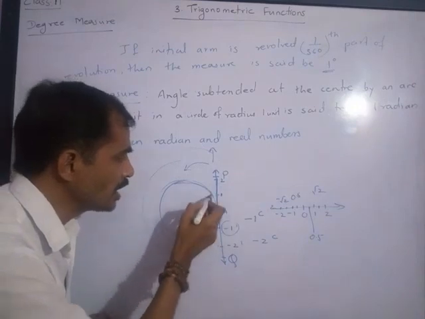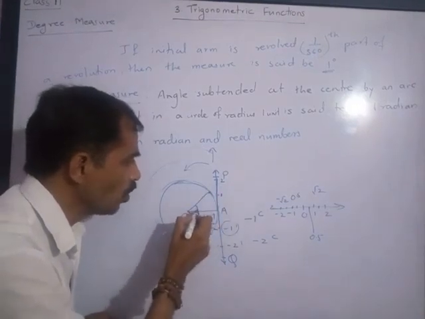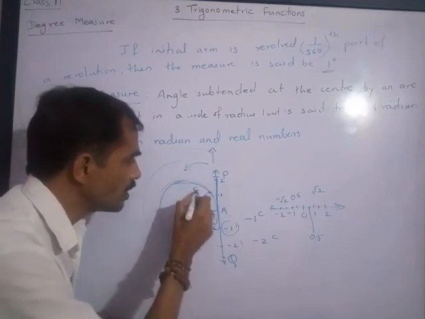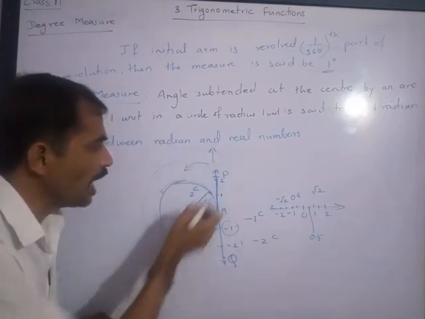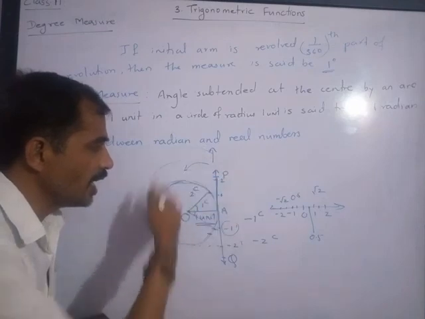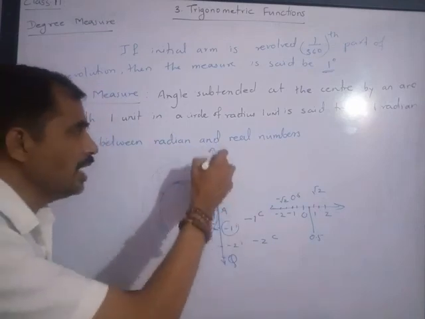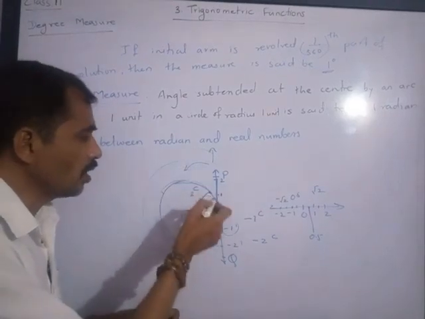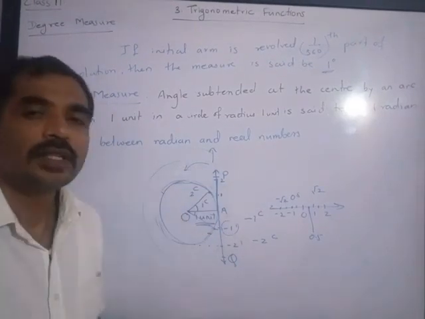Similarly, if 1 touches the circle somewhere here, we will get 1 radian. If 2 touches somewhere here, you will get 2 radians, 3 radians, 4 radians, 5 radians, 6 radians, 7 radians, and as the line doesn't end, these radians will also keep making circles and occupying the same positions on the circle.